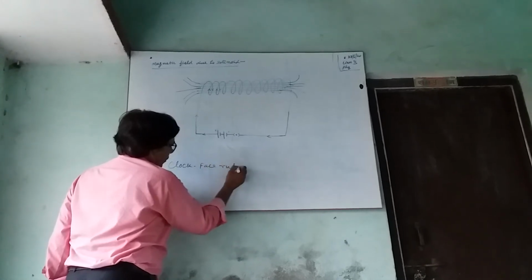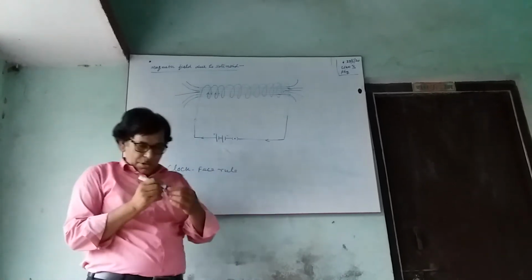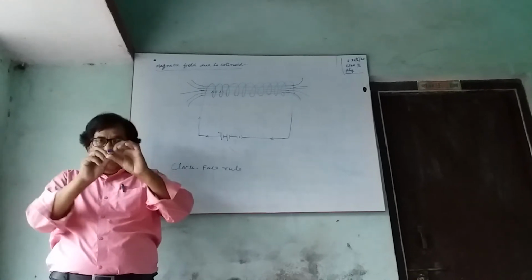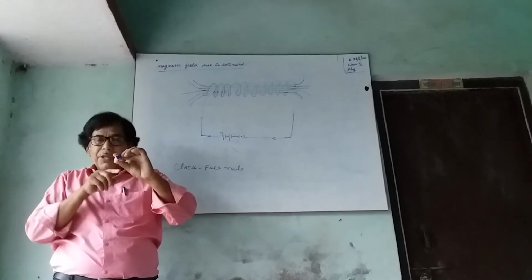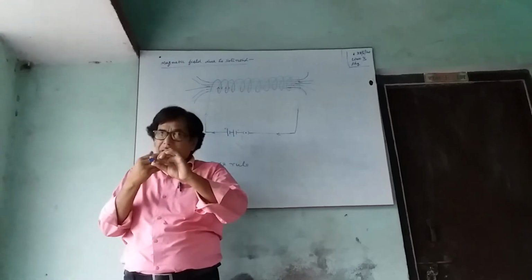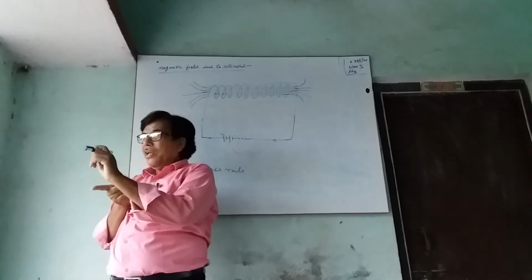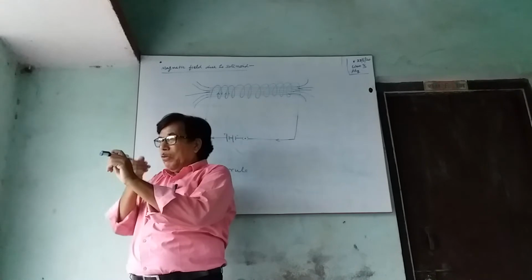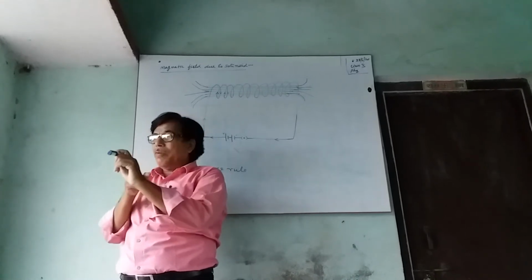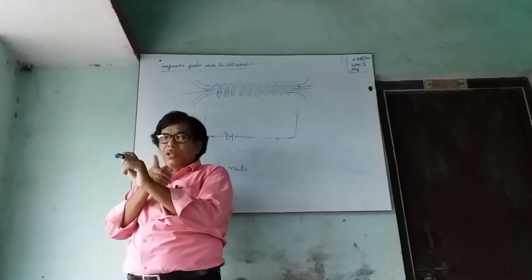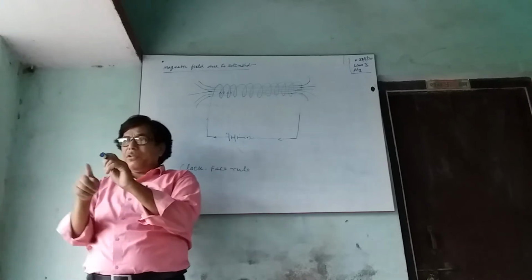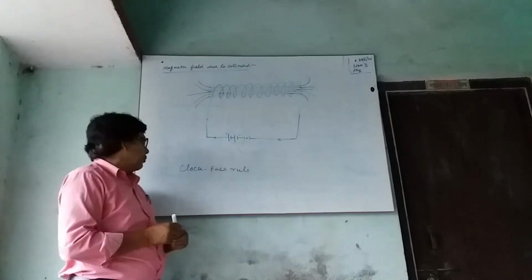According to this rule, if we face the coil from any one end, and the direction of current flow is anti-clockwise, it will be the north pole, and if it is clockwise, then it is the south pole.